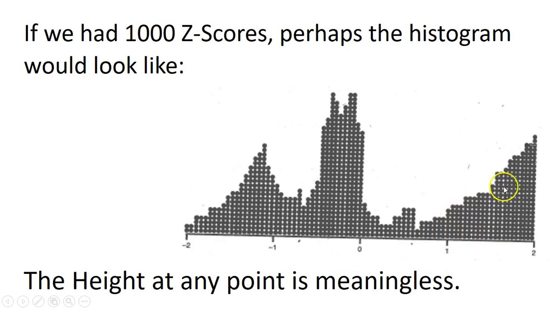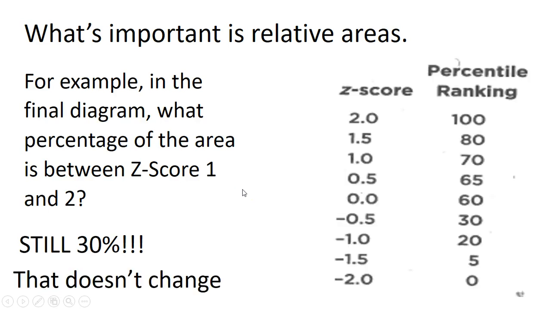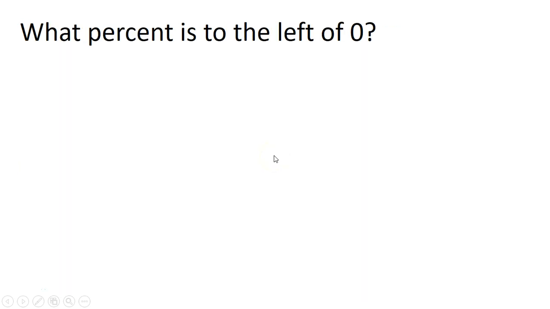It looks like maybe there could be more, but it's still the same percentage. Nothing changed. I have just more spots where I'm calculating percents, but it's the same overall. It's still 30%. That doesn't change. Even if I calculated 1,000 different z-scores, it's still the same.